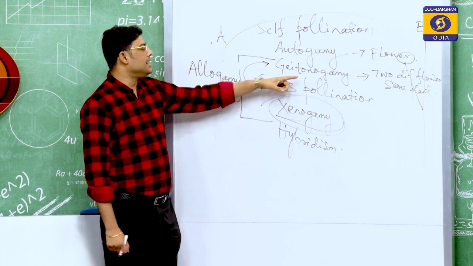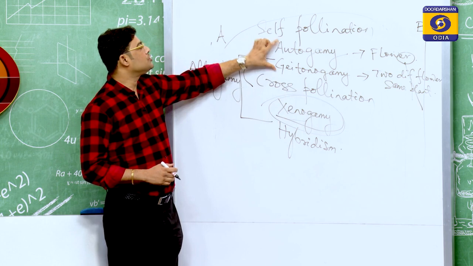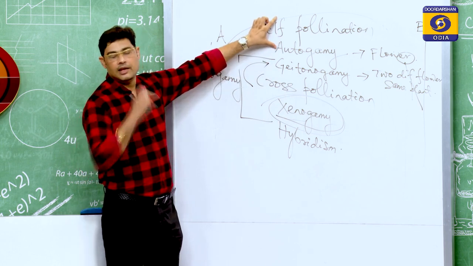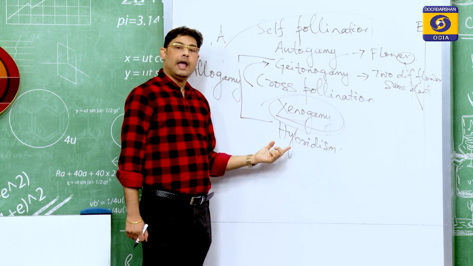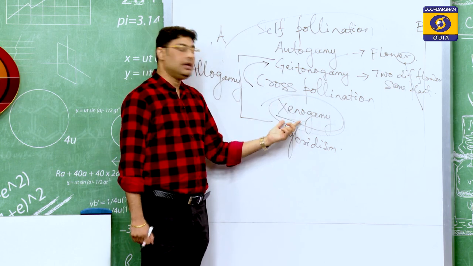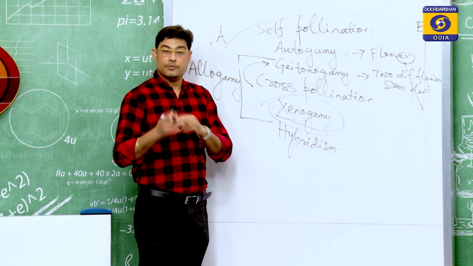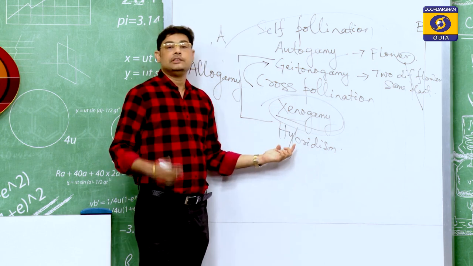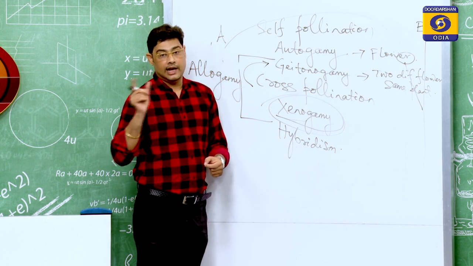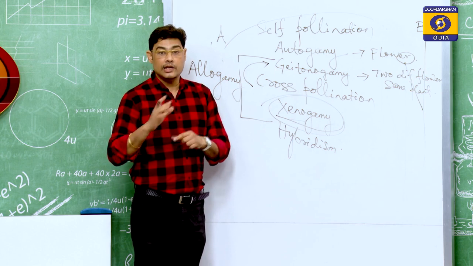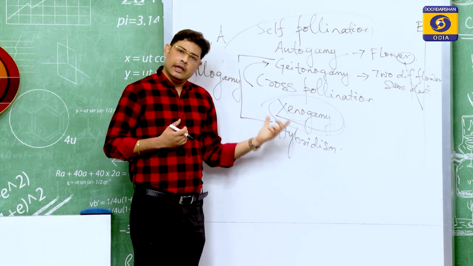So genetically, autogamy and geitonogamy are the different types of self pollination, and in cross pollination we have xenogamy and hybridism. Xenogamy is the cross pollination between two similar individuals of the same species, and hybridism is between two different, closely allied species, or probably the same family.